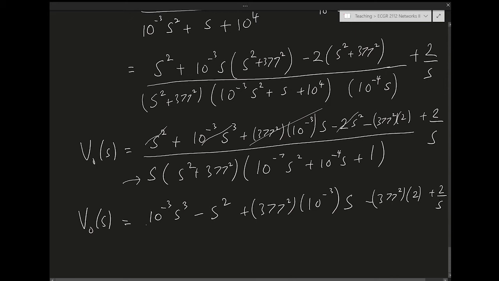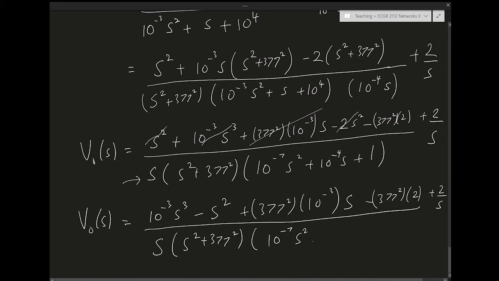So this is the numerator polynomial, and then in the denominator we have s squared plus 377 squared times 10 to the minus 7 s squared plus 10 to the minus 4 s plus 1.